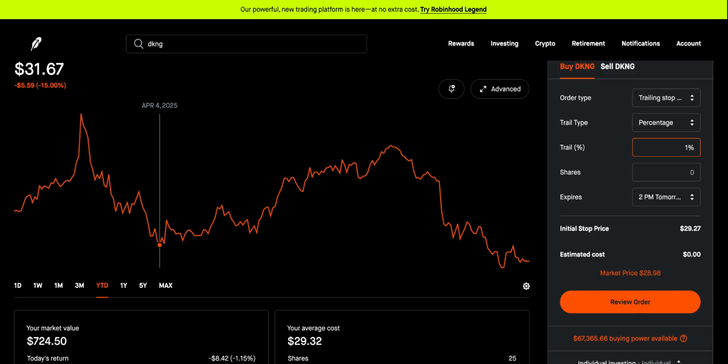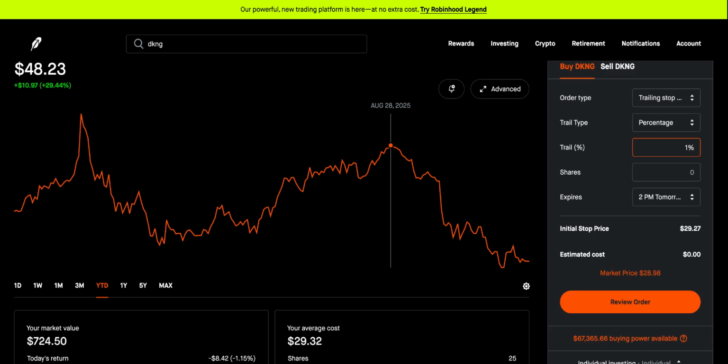And then if it were to go to 32.32, then your stop loss would be at $32. You get it? Because again, it's at 1%. So it'll just keep going. And let's just say the stock gets all the way up to this 48.23 price. Well, guess what? You have a 1% stop loss. So whatever 1% of that price is, and it comes down, then you're going to get stopped out.